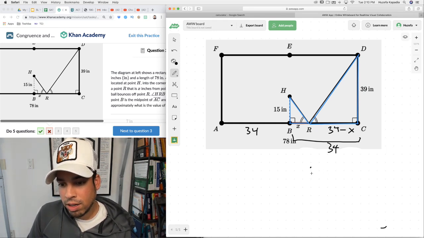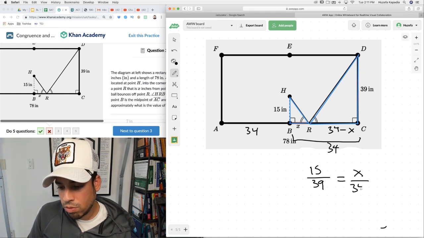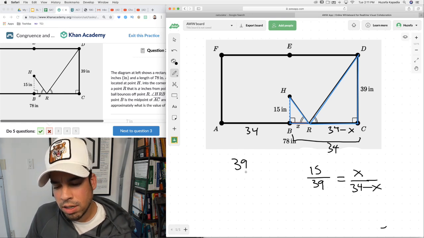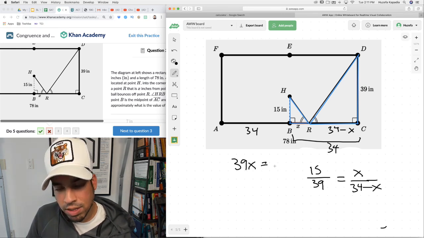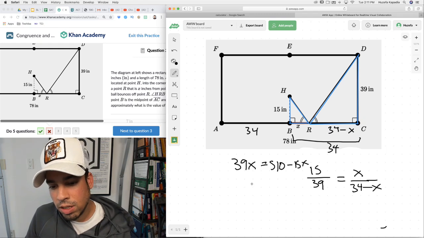Okay, so I got 15 to 39. This side over this side equals x over 34 minus x. Then 39x equals 340 plus 170, which is 510, minus 15x. And then we get 54x when I add 15x to both sides.